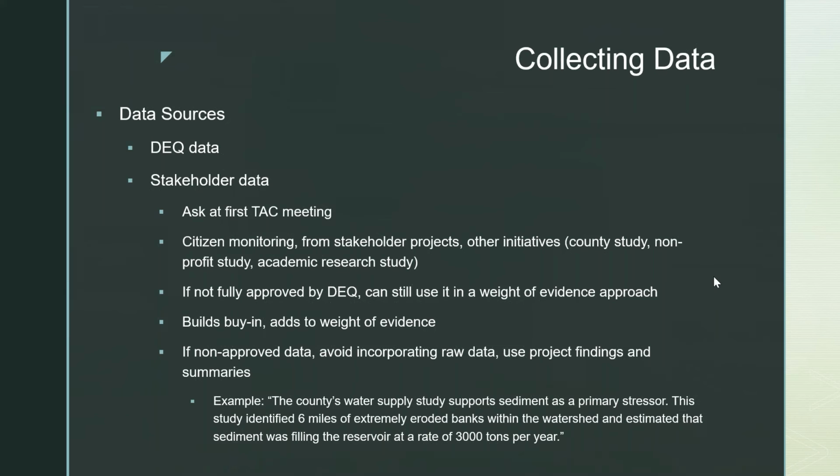From habitat data, from relative bed stability data, from the benthic data. All those things tend to point towards sediment. Well, here's an outside source of data, in this case the county water supply plan, that also kind of confirms the same thing. So that's the way I would use outside data from other organizations, from other agencies, and even from citizen monitoring networks.